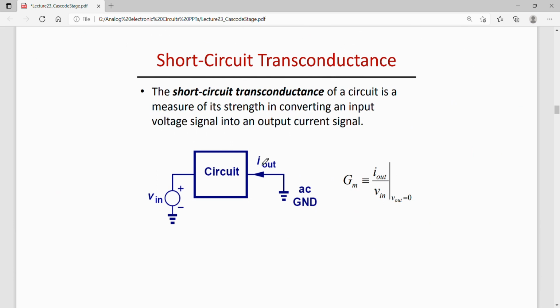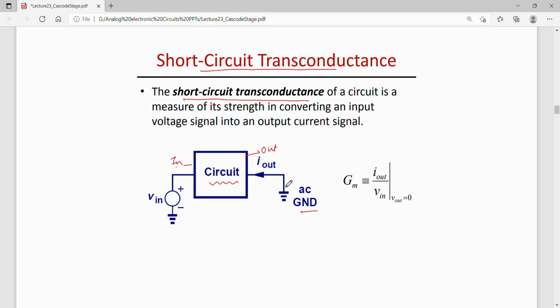Now before finding the gain of this cascode stage, let us discuss the short circuit transconductance. For example, I have a circuit with some input here and output here. For finding the short circuit transconductance, we need to short the output to the ground.